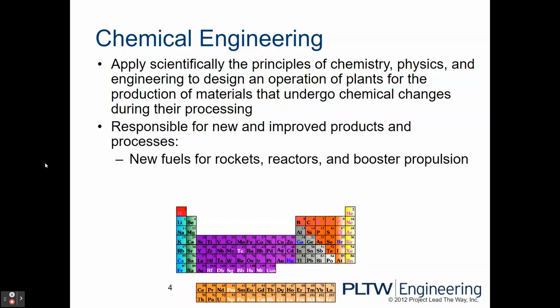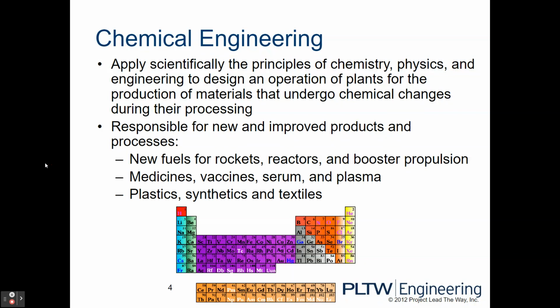So they'd be responsible for new and improved products and processes relating to things like new fuels for rockets, reactors, booster propulsion, medicine, vaccines, serums, and plasma, and plastics, synthetics, and textiles. So all that is related to chemical engineering.